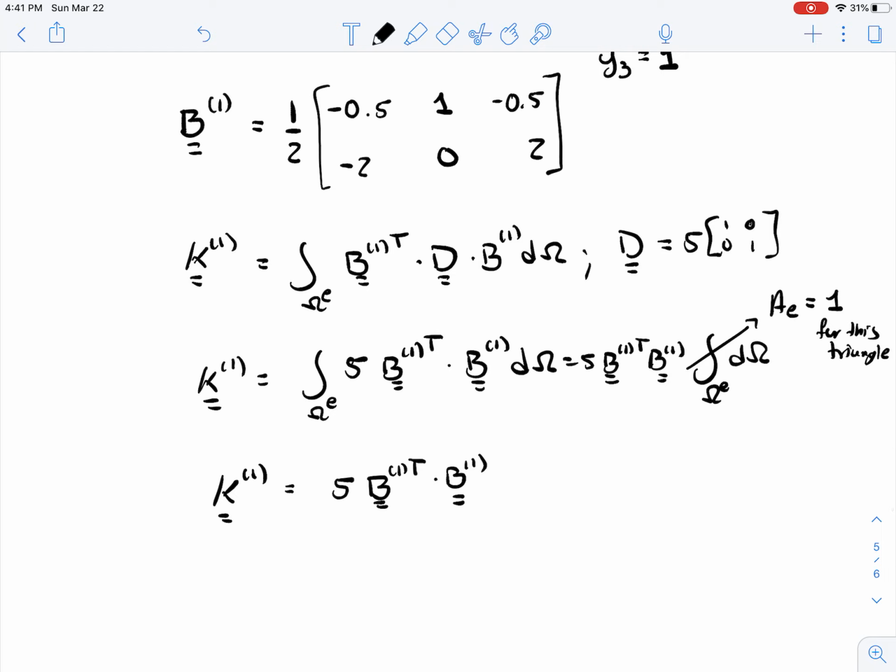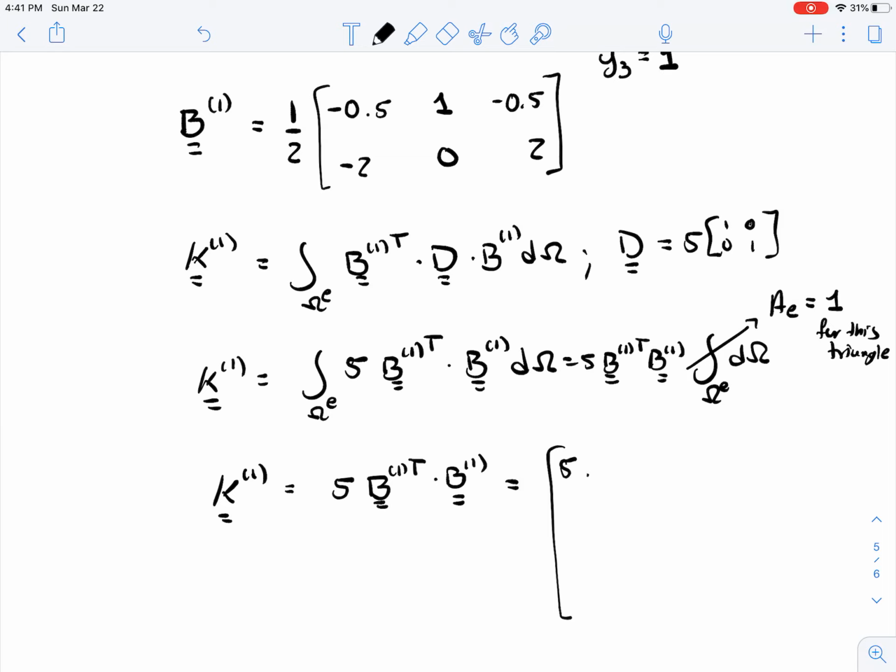And note that the B1 matrix is a 2 by 3 matrix, so when you transpose that and multiply by the other 2 by 3 matrix, you're going to get a 3 by 3 matrix. And I have it here already, so I'm just going to write it down because there's no point in doing the calculation in the video.